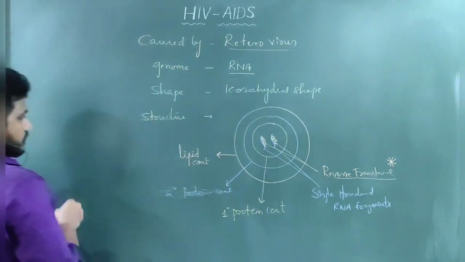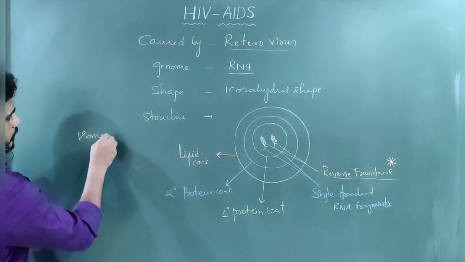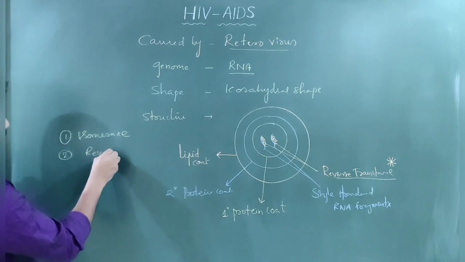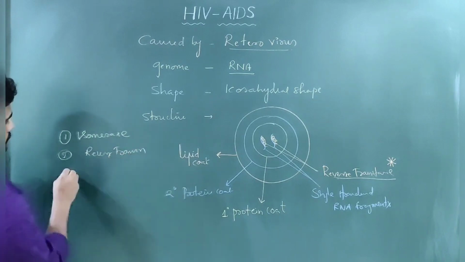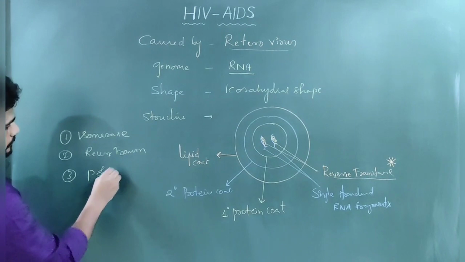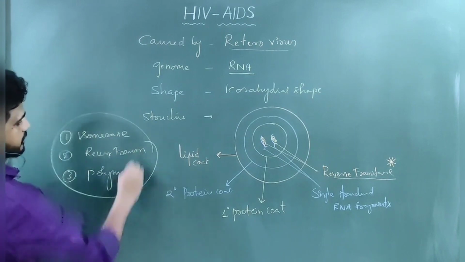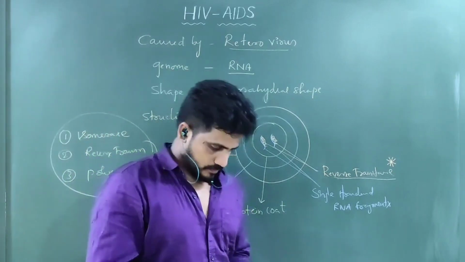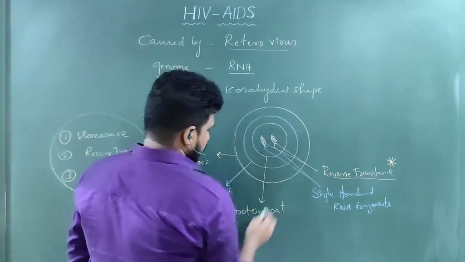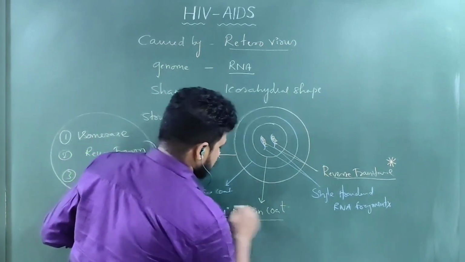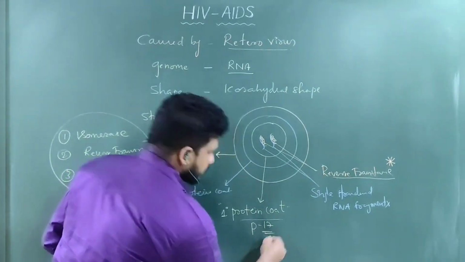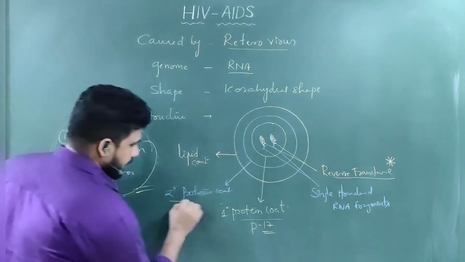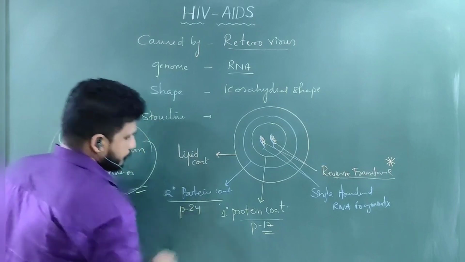Apart from that, the first enzyme is integrase, the second one is reverse transcriptase, and the third one is protease. These three enzymes are also present in the HIV virus. Then the first protein coat is P17, meaning the molecular weight of that protein is 17, whereas the secondary protein coat is called P24.